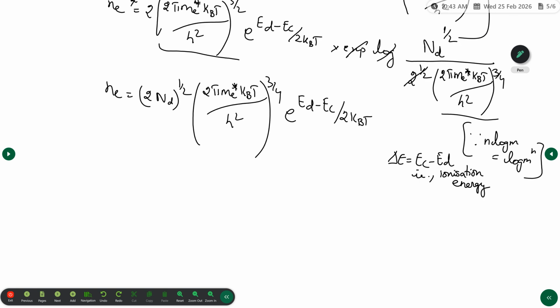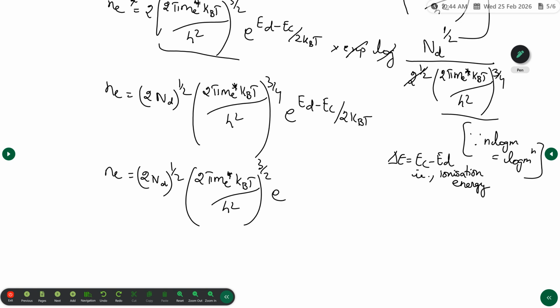Okay, so if you write this, NE is equal to 2 ND power 1 by 2 into 2 pi ME star KBT by h square power 3 by 2 exponential of ED minus EC. So minus delta E, right?